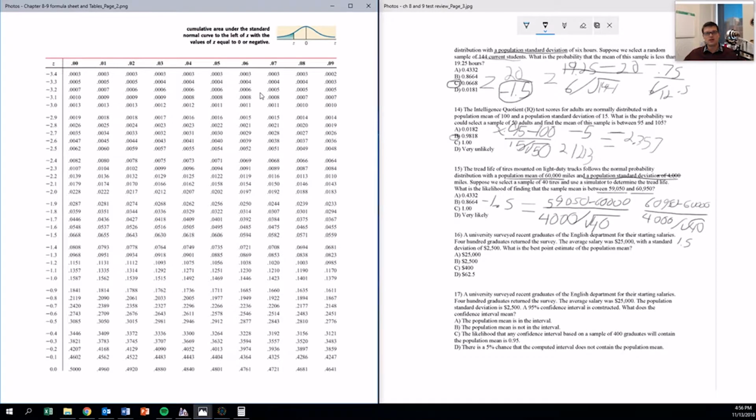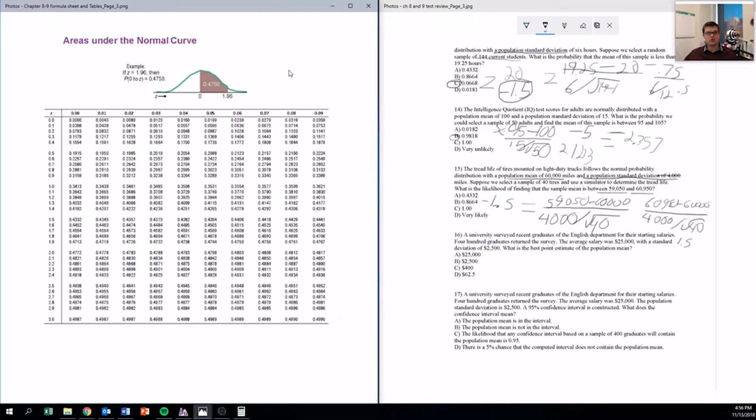So you're going to find 1.5. 0.4332 is the probability of it being between negative 1.5 and the mean, and then also 0.4332 is the probability of it being between the mean and 1.5. And so you just multiply 0.4332 by 2, which gives you B, which is 0.8664. So moving on to question number 16.